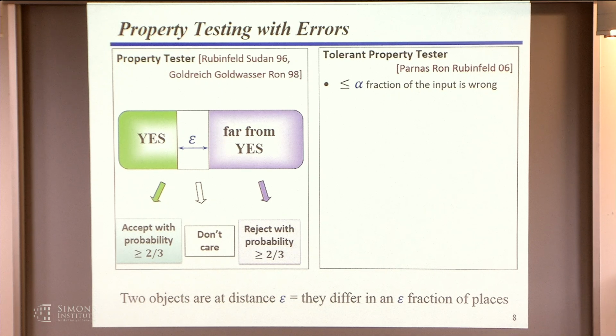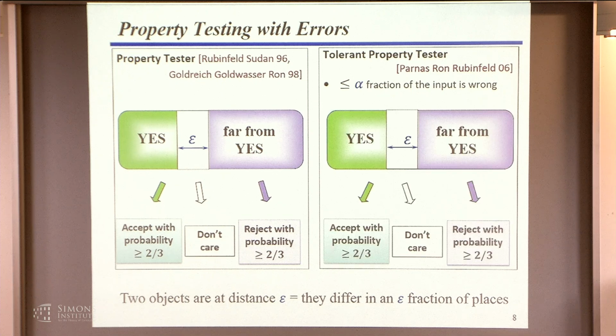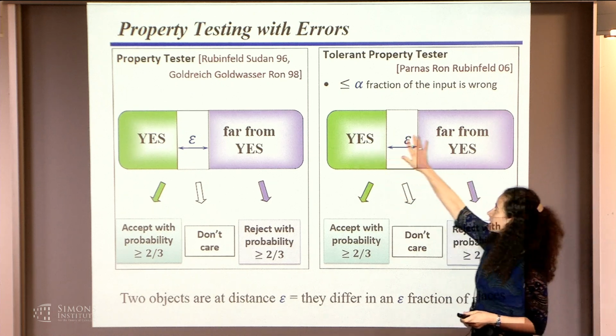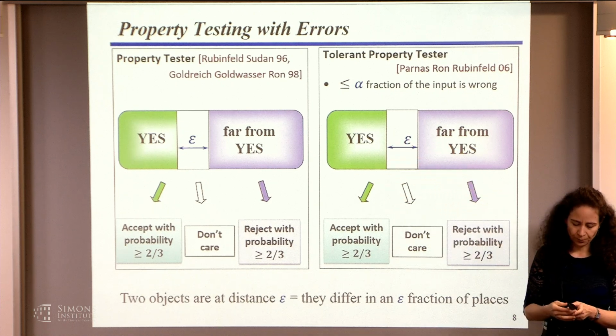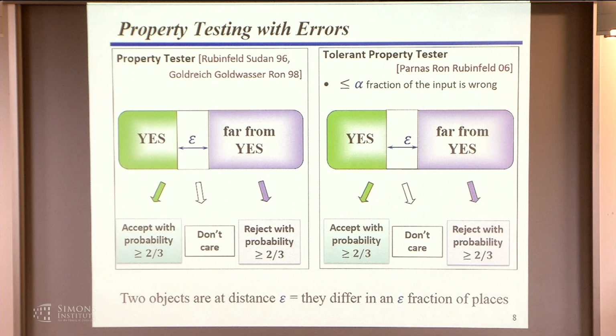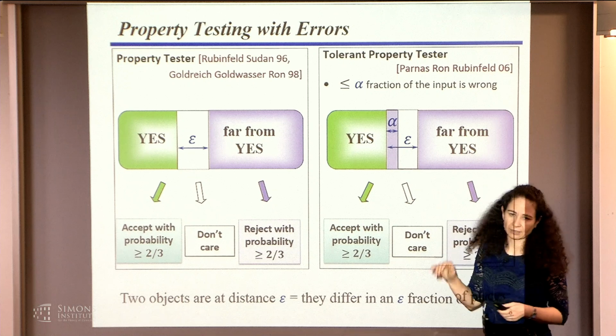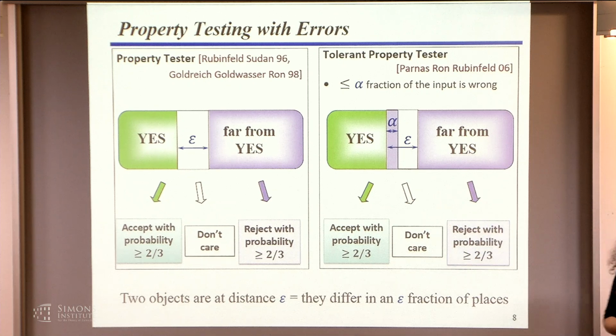Here, if we think in terms of adversarial corruptions, we can just say at most an alpha fraction of the input is incorrect. Analogously, we have our yes instances and instances which are epsilon far from yes, but now we could also have an alpha fraction of our input incorrect.